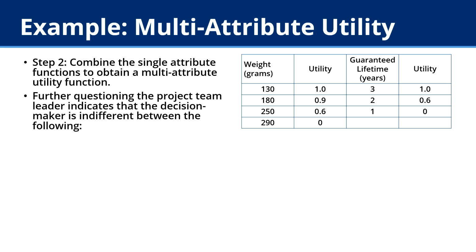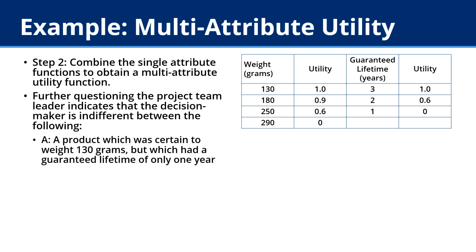So further questioning the project team leader indicates that the decision maker is indifferent between the following 2. Option A, which is a product that was certain to weigh 130 grams, but which had a guaranteed lifetime of only 1 year. If you notice this option, the 130 grams is the highest utility for attribute 1, which is the weight.